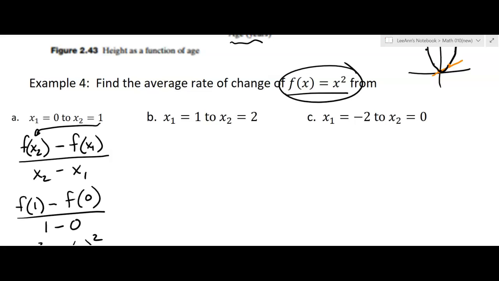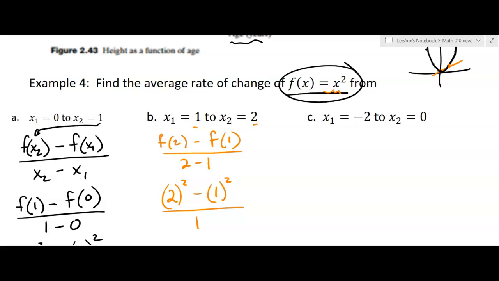Now we're going to go from 1 to 2. So we have to find f of 2 minus f of 1 over 2 minus 1. So what's f of 2? Well, you're going back to the function. You have to evaluate the function at 2, minus f of 1, which we already did, but we'll write it in.